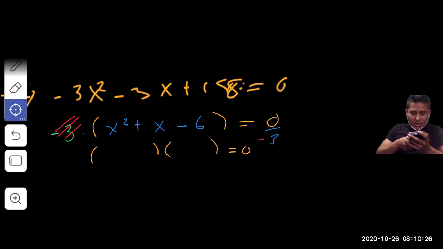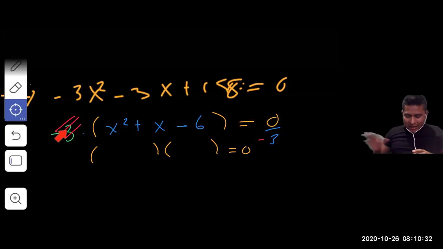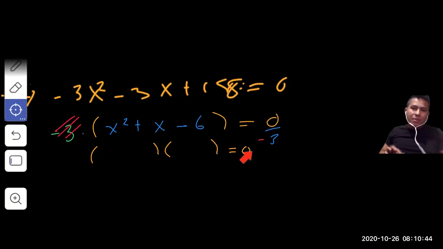Regardless of the sign, this divided by this is going to be 0, and the negative 3, you take it exactly like it is with the sign, but 0 divided by negative 3 is still 0.